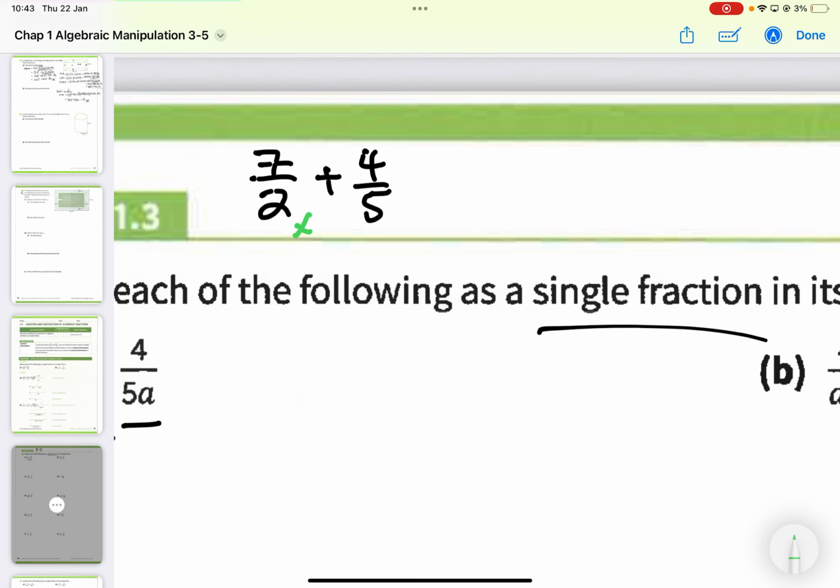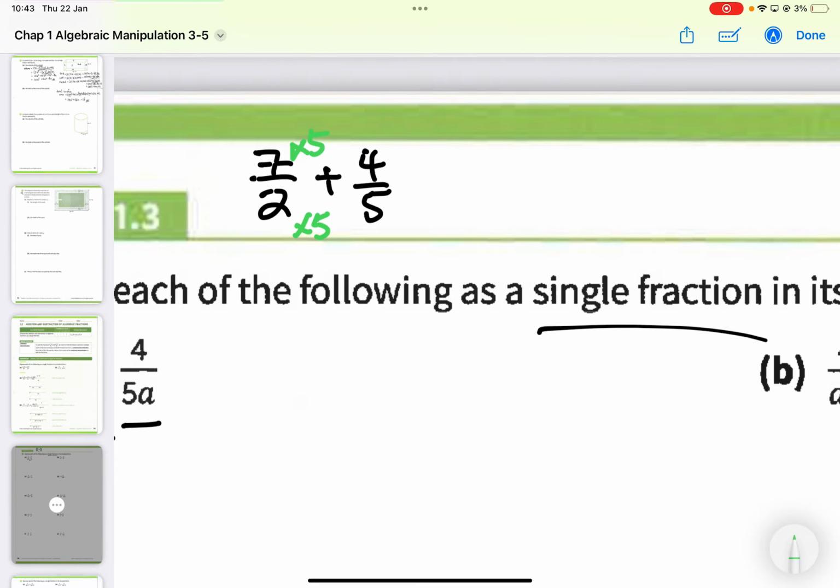So the bottom of the first fraction, I multiply 5. If I multiply the denominator of the first fraction, I am changing the fraction, but I don't want to change the fraction. I just want to write it in a different way. So I must multiply the same thing to the top.